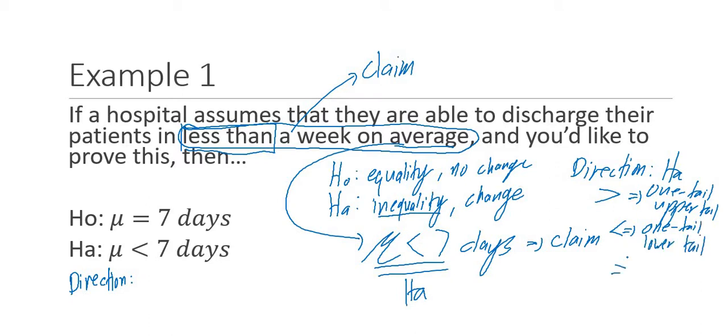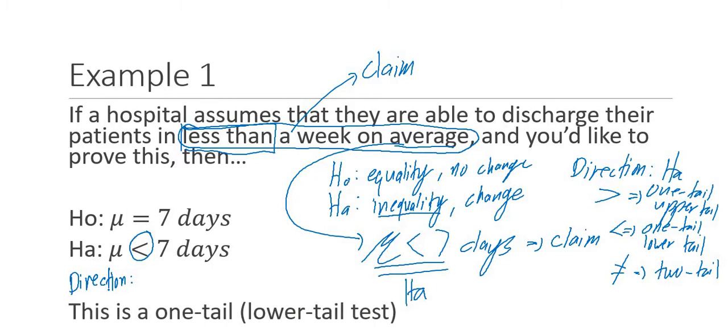And if it's not equal, then we would have a two-tail test. So in this case, we have a less than, therefore the direction of this test would be a one-tail, lower tail test. So that is one example of how we formulate our null and alternative hypothesis at the same time determine its direction.